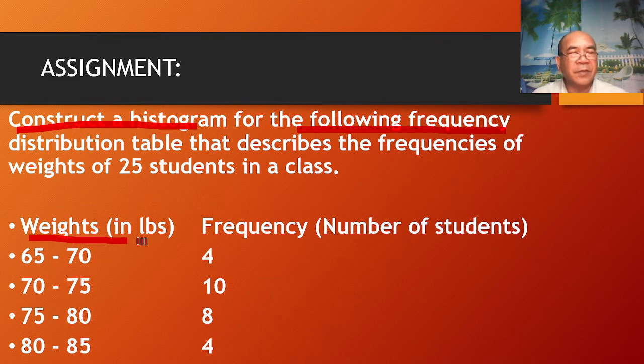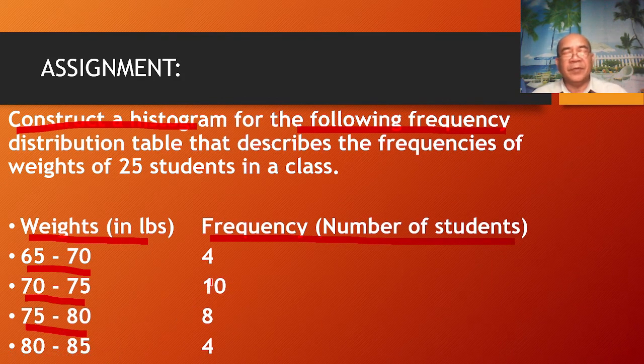The weights in pounds and the frequency, the number of students. The weights are 65 to 70, 70 to 75, 75 to 80, and 80 to 85. Then the frequencies are 4, 10, 8, and 4.